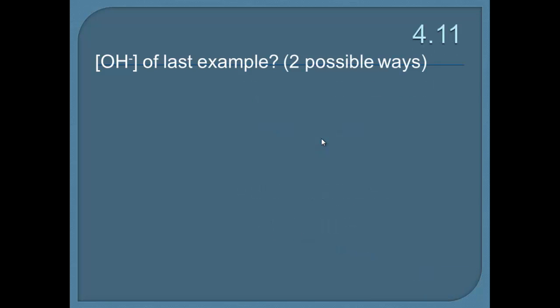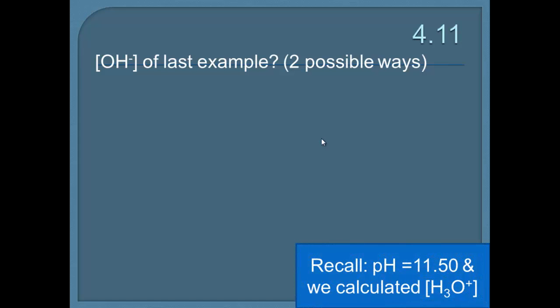You could also be asked what is the OH minus of the last example, and there's two possible ways to do it. We're going to do both ways. First of all, we're halfway on one of the methods. Recall that the pH we were told was 11.50, and we've already calculated H3O plus concentration.